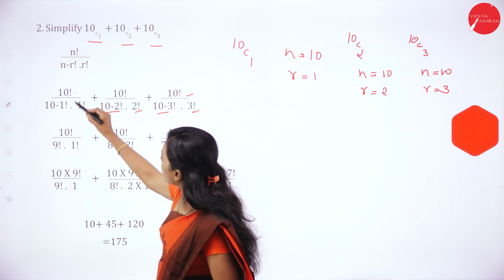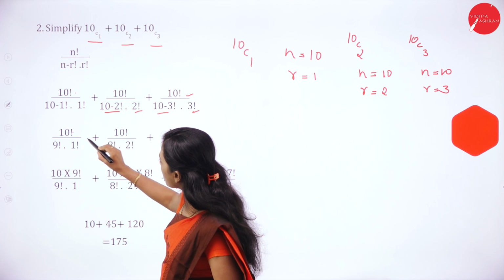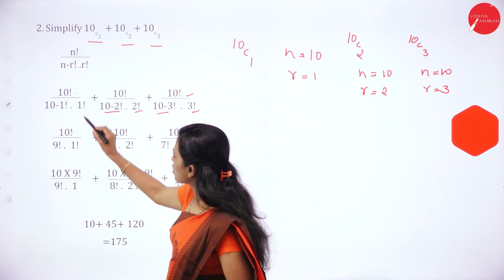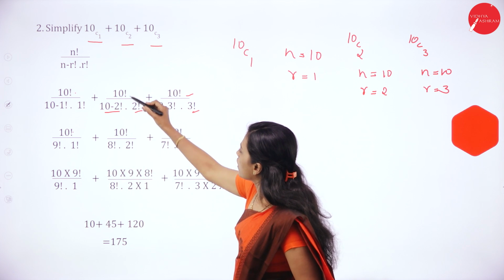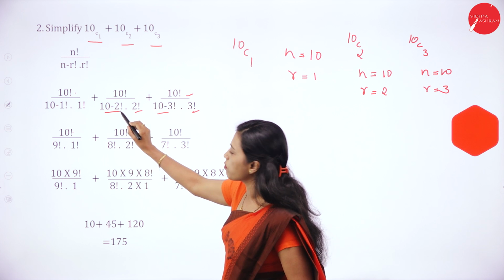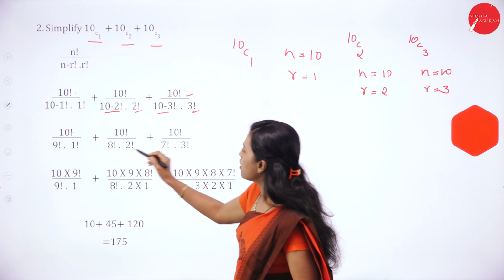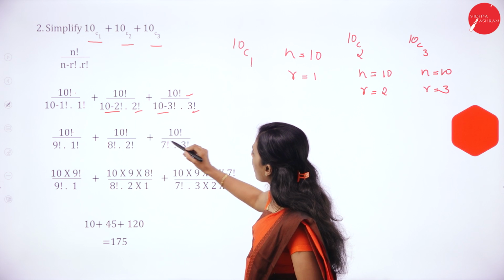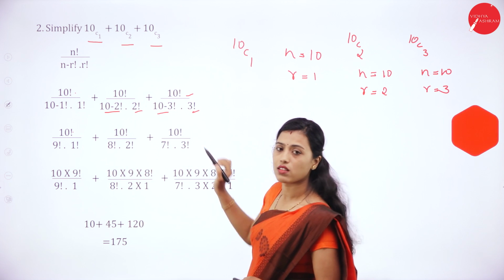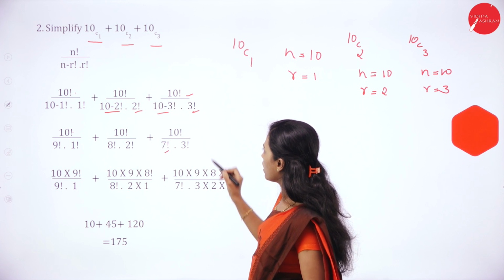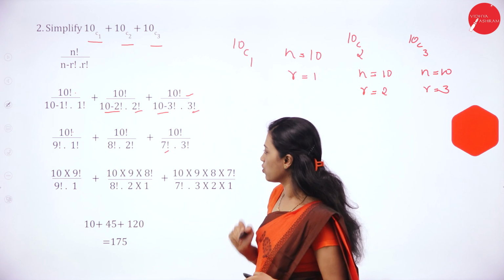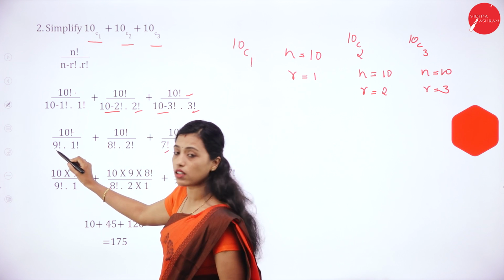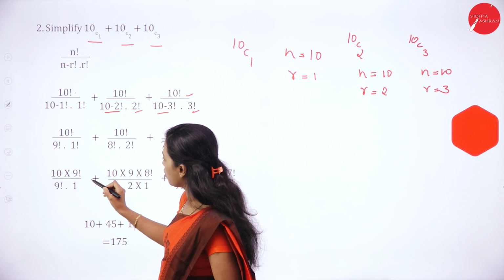So 10 factorial written as it is, divided by 10 minus 1 is 9 factorial into 1 factorial. 10 factorial divided by 10 minus 2 is 8, so 8 factorial into 2 factorial. 10 factorial divided by 10 minus 3 is 7 factorial into 3 factorial. So 10 factorial means 10 into 9 factorial, because in the denominator we have 9 factorial.